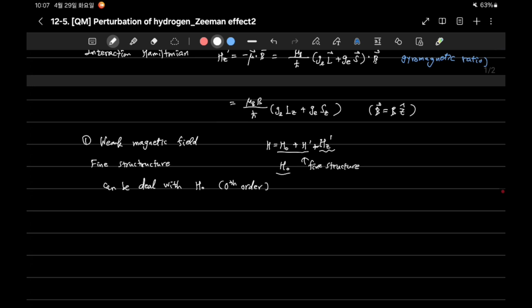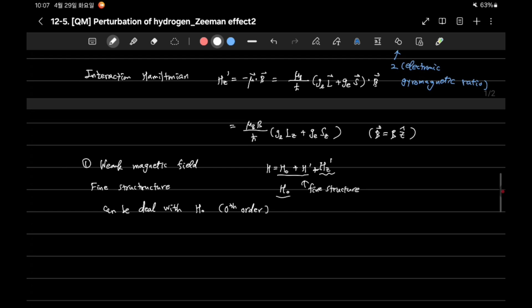And this Zeeman Hamiltonian can be treated as a perturbed Hamiltonian because it is a weak magnetic field. A weak magnetic field means it is weaker than the fine structure, weaker than H0 plus H prime. So in this case, it is a small term compared with the original Hamiltonian.